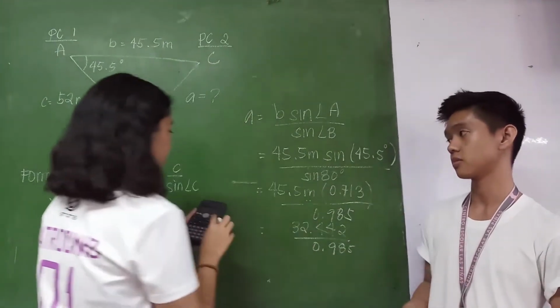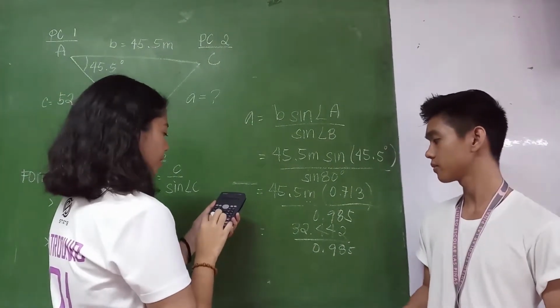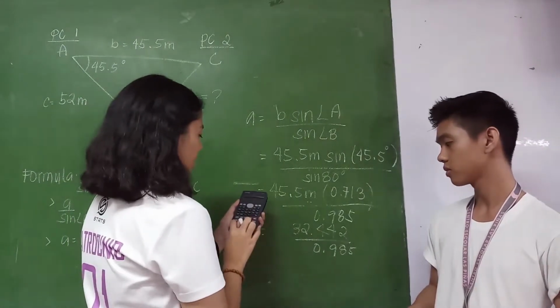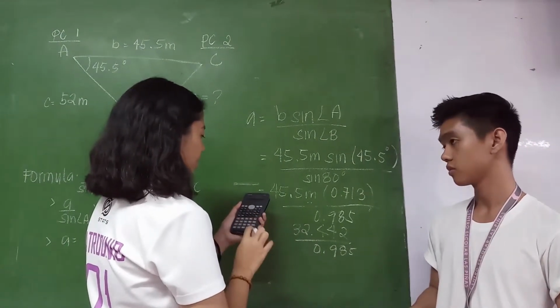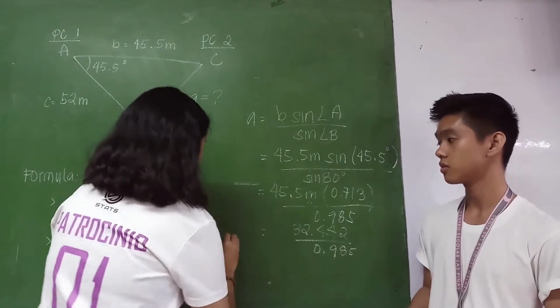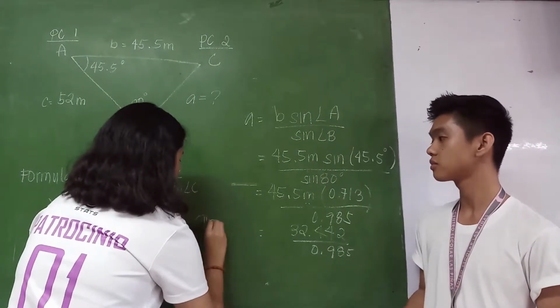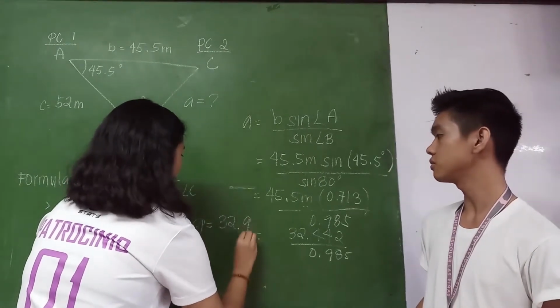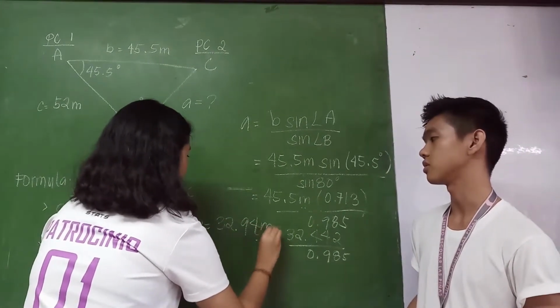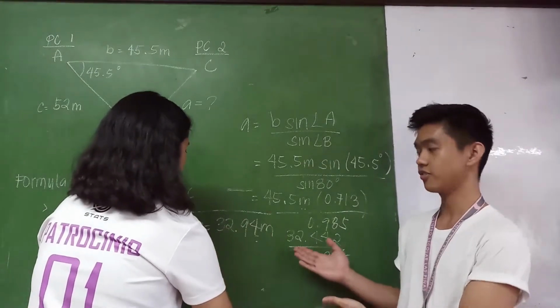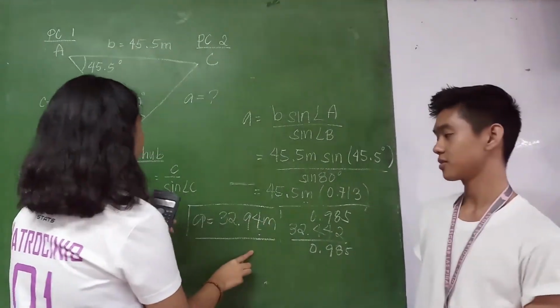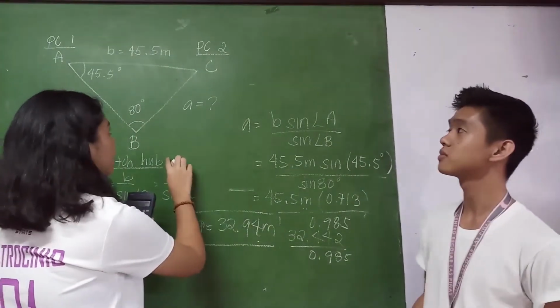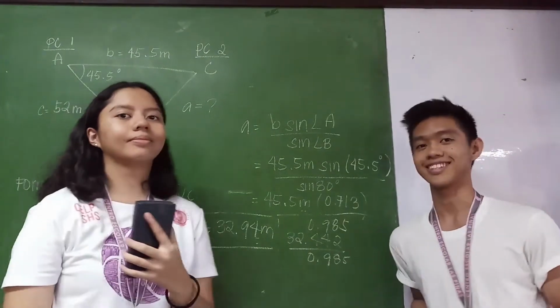We now divide 32.442 by 0.985. So side A is equal to 32.94 meters. This is the final answer. This will be the distance of the switch hub and the PC2.